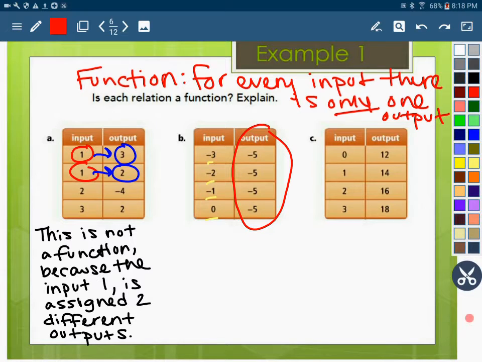Okay, now that means when I look at -3 only has the output of -5, so it's okay. -2 only has an output of -5. -1 only has an output of -5, okay? But the output -5 has multiple inputs. It's okay for outputs to have multiple inputs. It is not okay for an input to have multiple outputs.